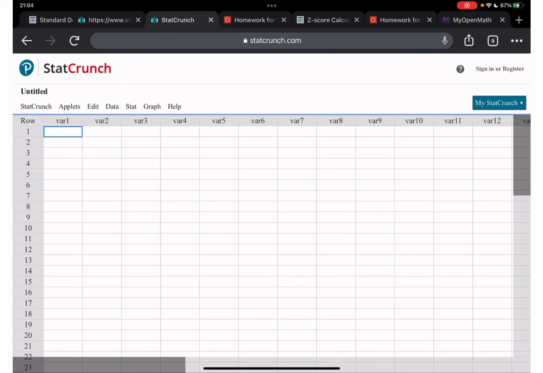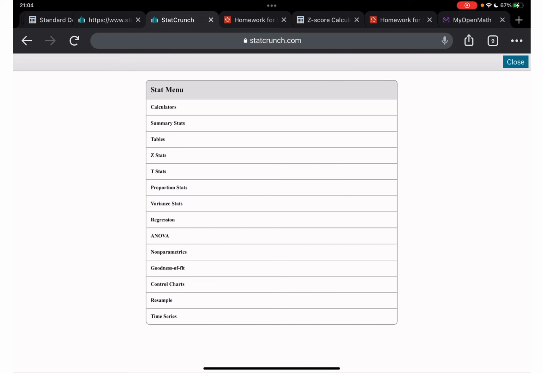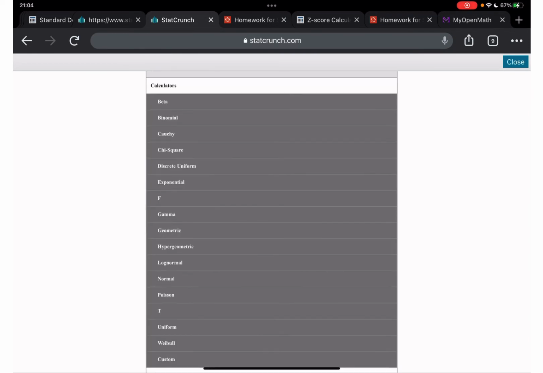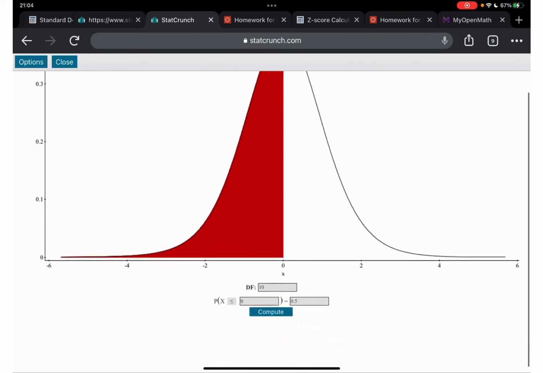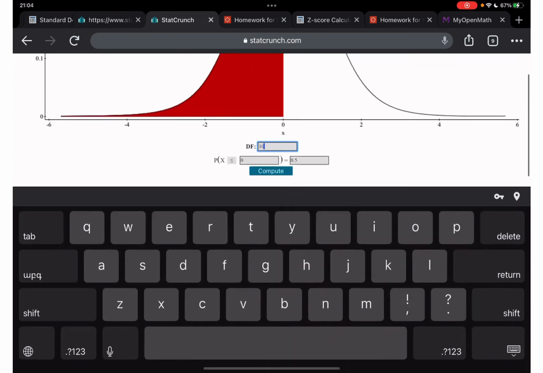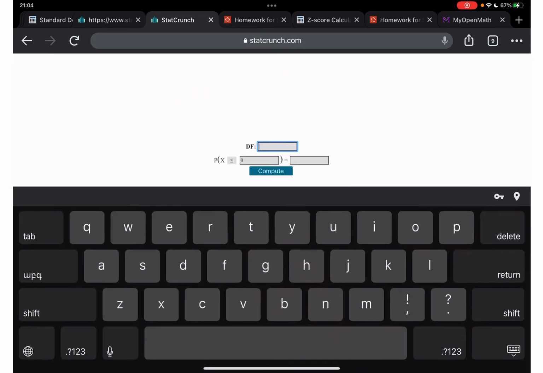I'm clicking on Stat, Calculators, and T. I'm clicking on standard because I don't have between. Degree of freedom is going to be 23 because 24 minus 1 is 23. And since it's left tail, we leave x less than or equal and put 3%, it's going to be 0.03.